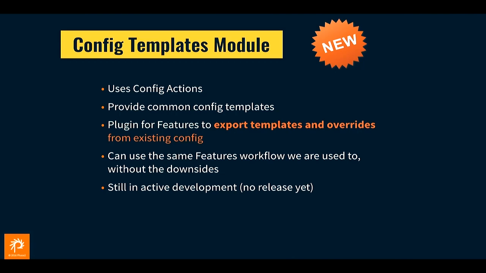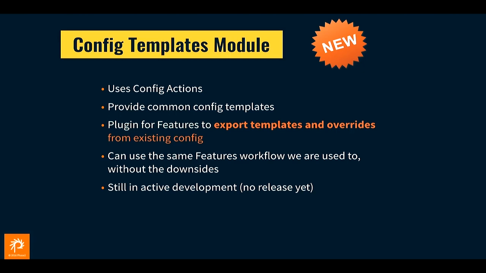And what write to action does is it looks at your config and compares it with the template, and it creates an action file for you that contains the overrides. So in that example I showed you previously, it would create that: use this template, set the bundle to this, set the field to this, here's my description, here's my help text. That actually came from an automated generation from the config templates module.